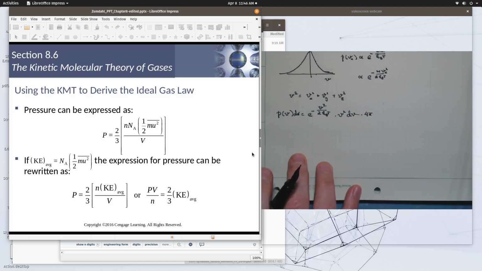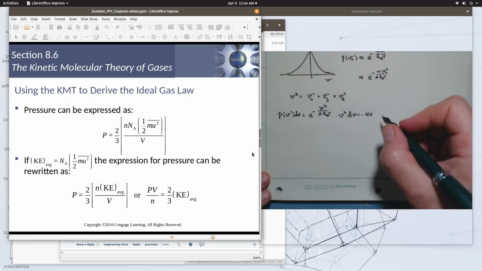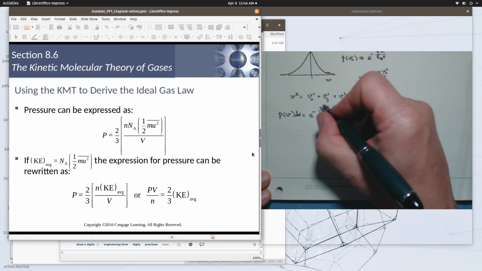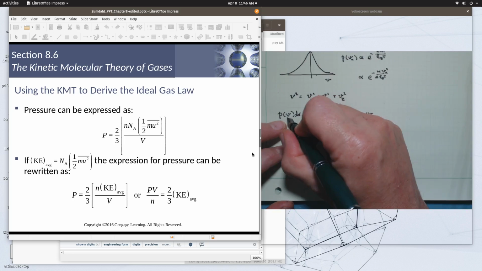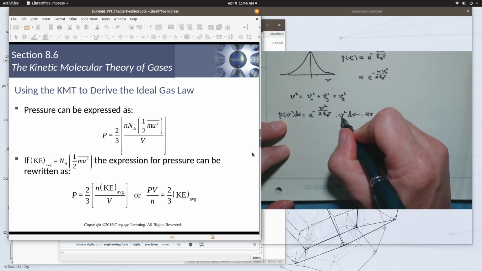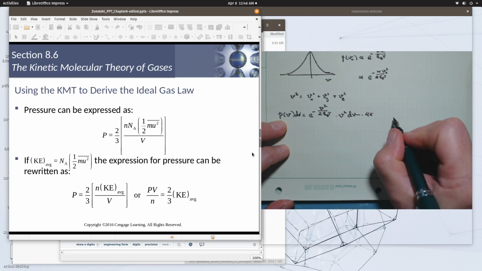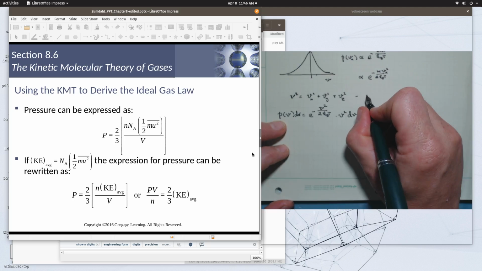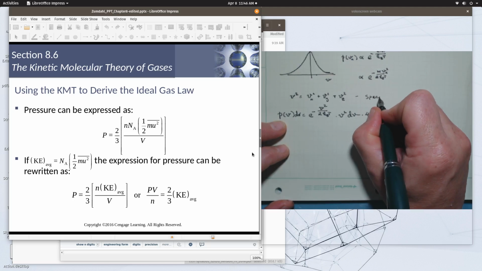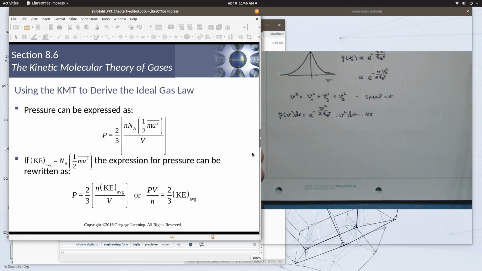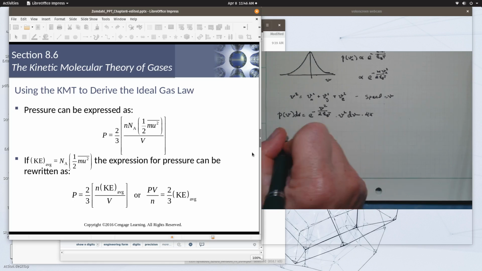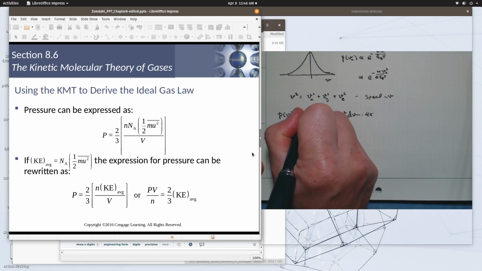The reason for that is I'm going to go from moving in x, y, and z so that I'm moving only in positive velocity. So this is like the speed, if you want. So v is the speed.